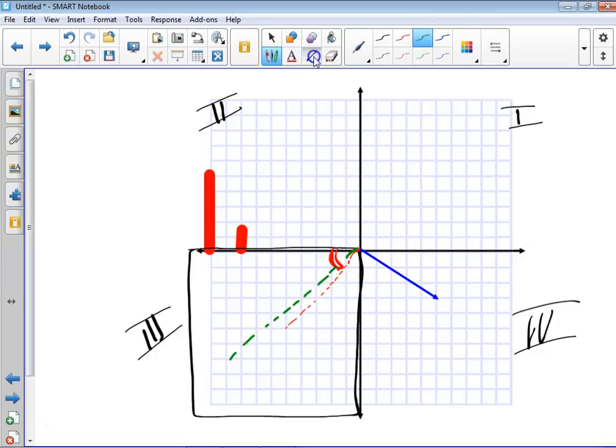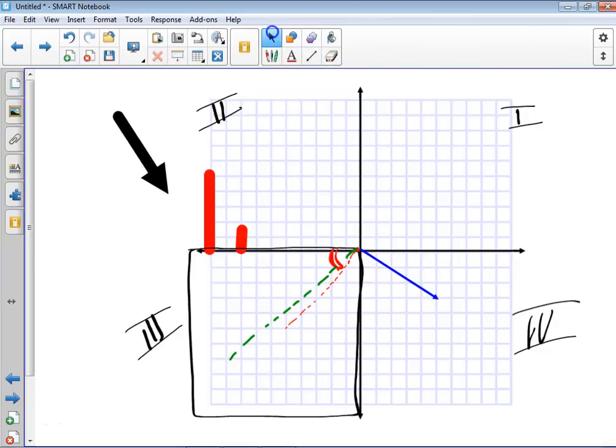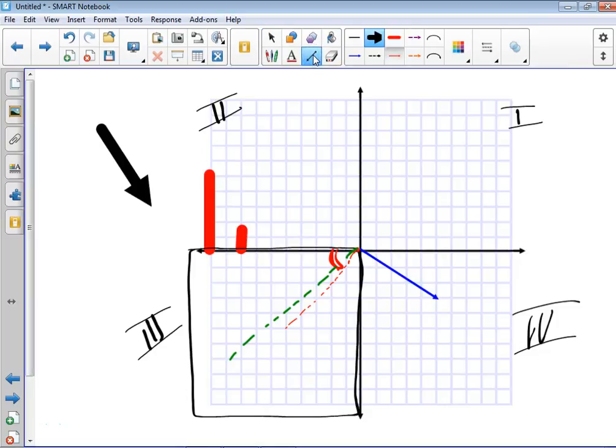But our vector is not going to be very long, because as you'll note, its magnitude is a little less than a third of this one. So we'll do this one in red, just a little guy, about like that. That'll work.